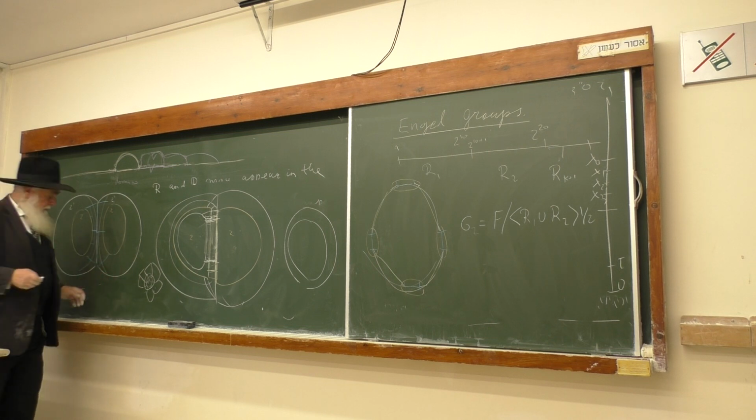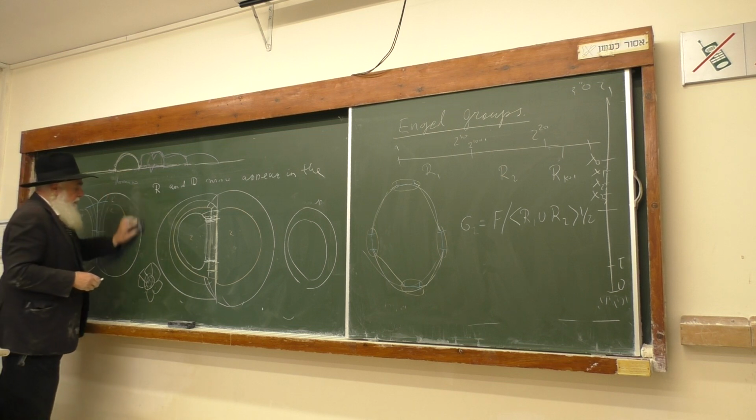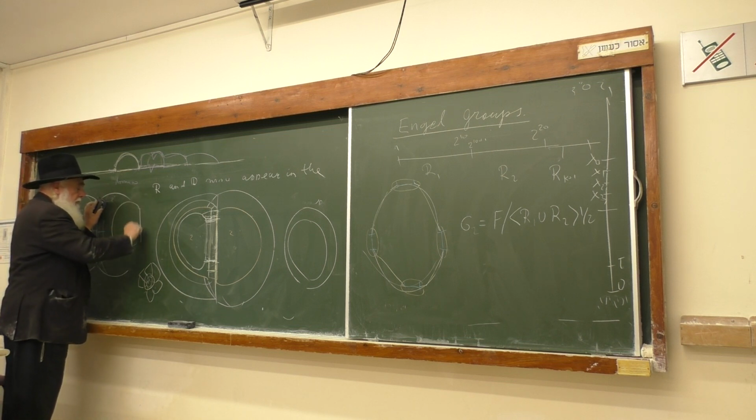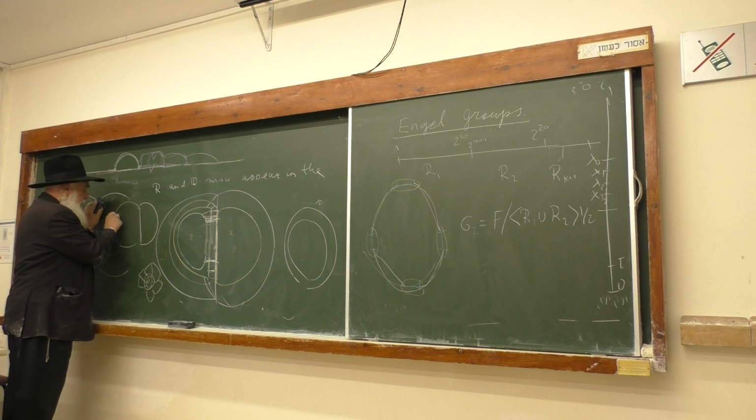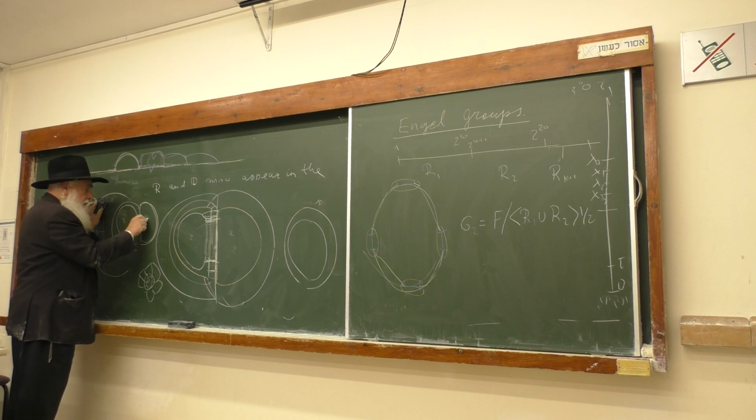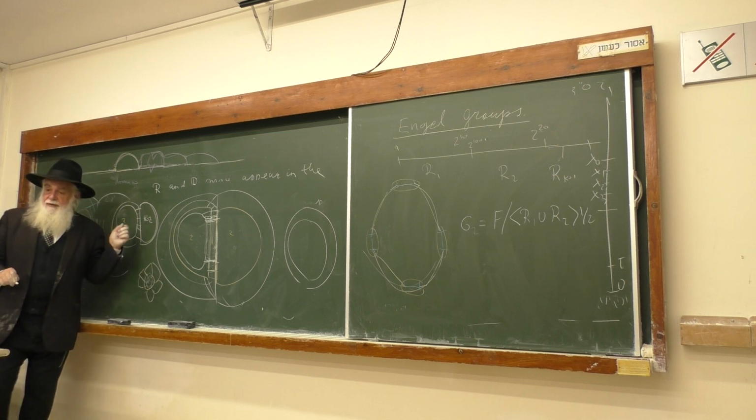The same argument works for the second type of problem. This is k bigger than 2, and this is 2. Excuse me. This is 2 and this is k bigger than 2. And the same argument works here.